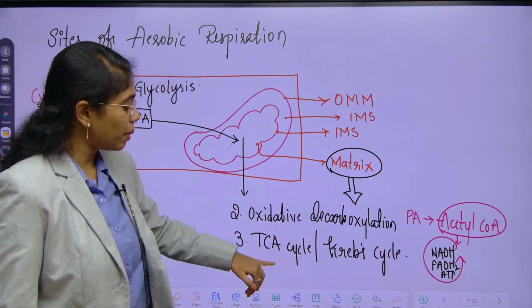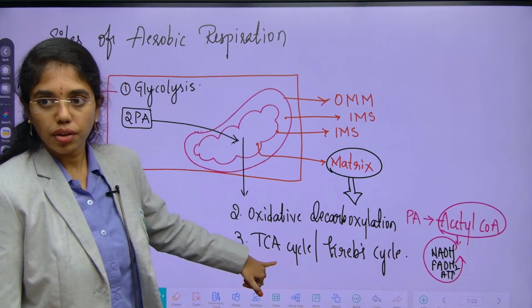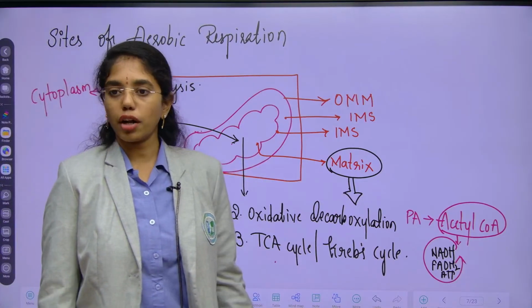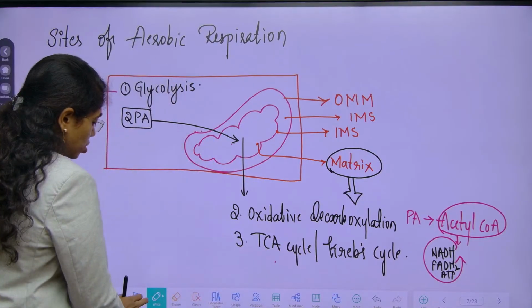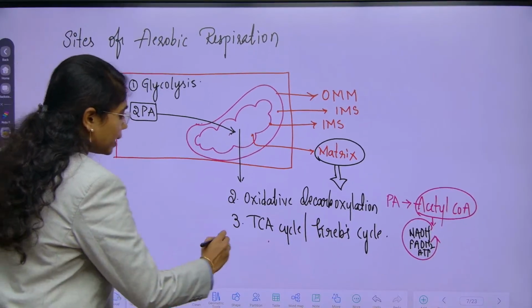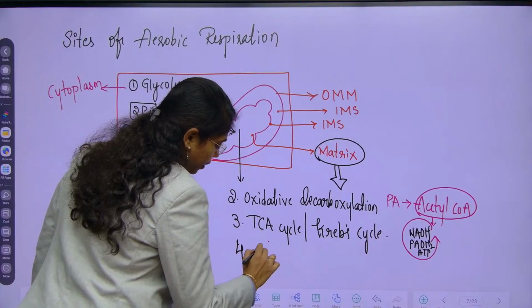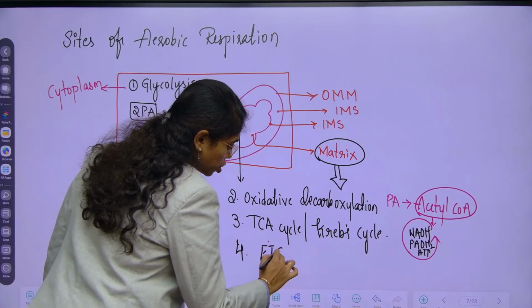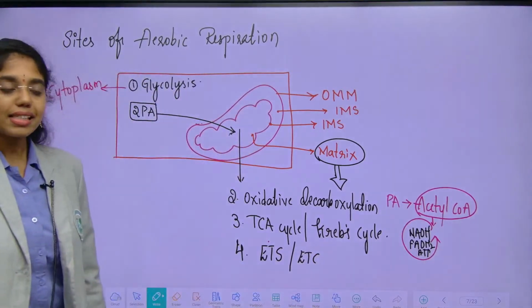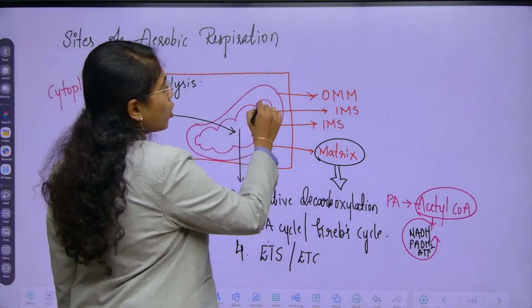As of now, you remember the site of the reaction. Okay? Where is TCA cycle happening? Inside the mitochondrial matrix. And last step of aerobic respiration will be ETS, electron transport system or electron transport chain. This happens in the inner mitochondrial membrane.